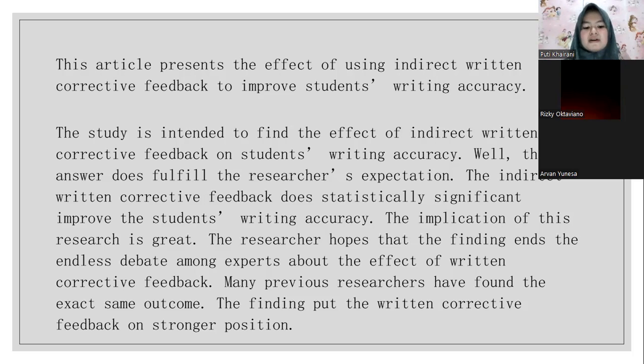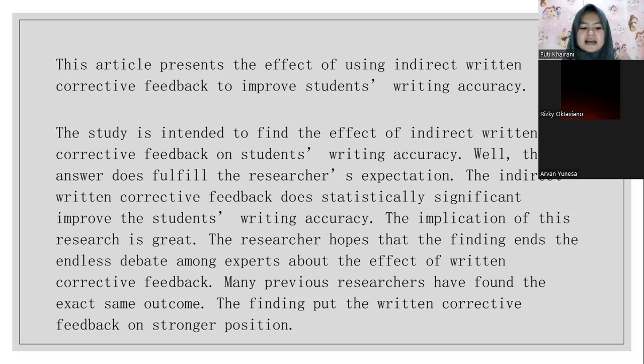The study does have several design flaws. However, it is a backdrop on written corrective feedback, as it is little known in the area, for example in Indonesia. This will also be a base for other research in the field.